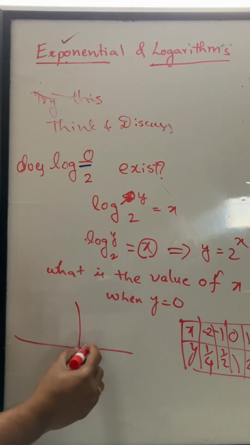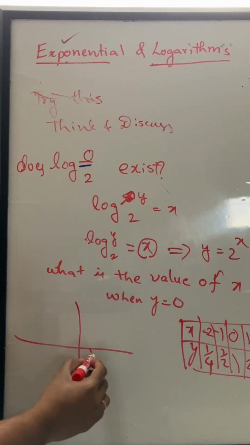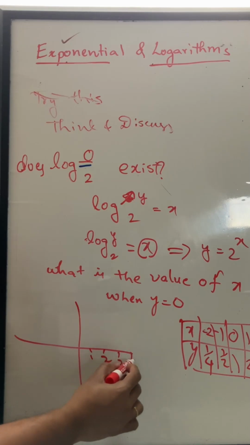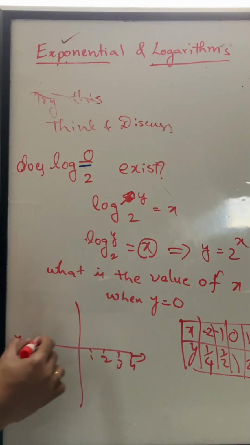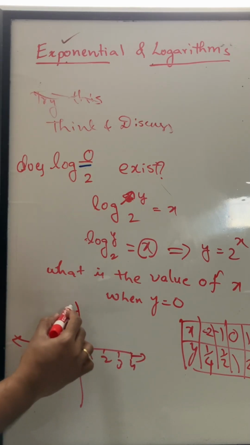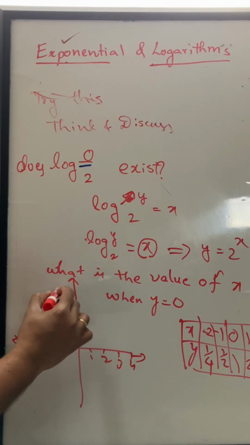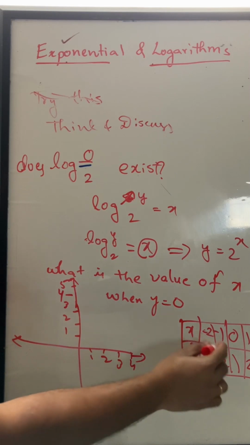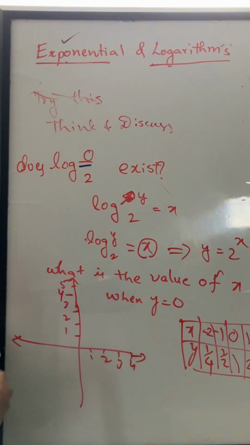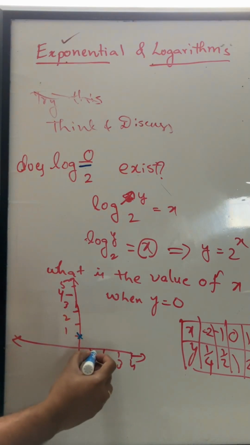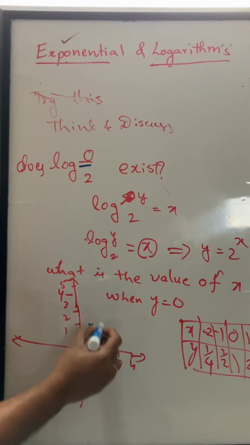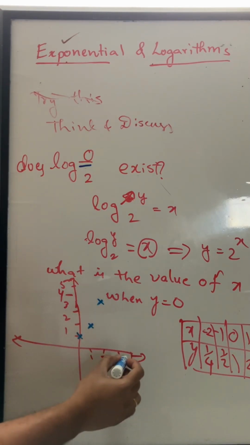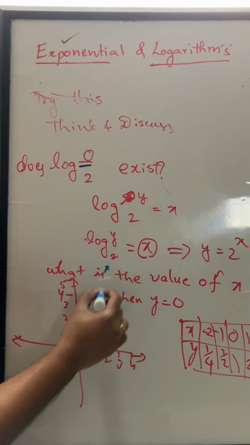Here we'll write 1, 2, 3, 4 on the x-axis and 1, 2, 3, 4, 5 on the y-axis. When x equal to 0, y equal to 1; when x equal to 1, y equal to 2; when x equal to 2, y equal to 4; when x equal to 3, y equal to 8.